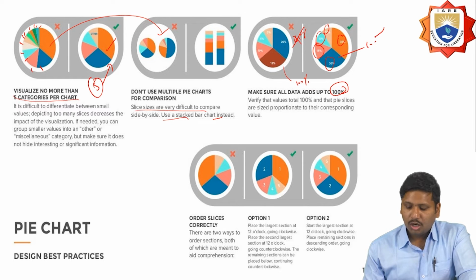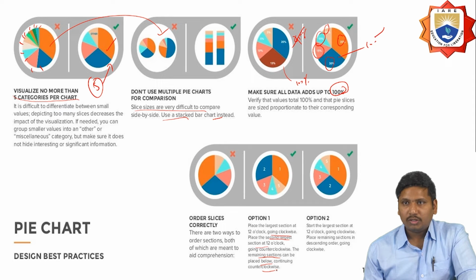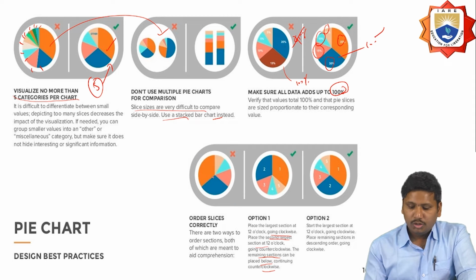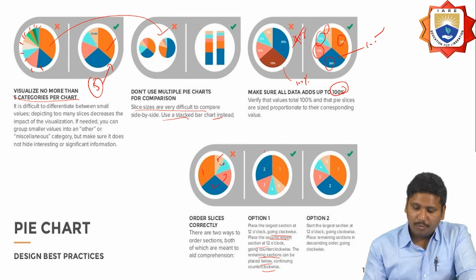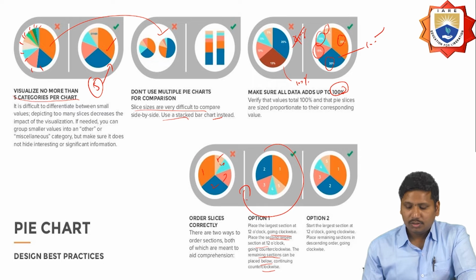Option 1: place the largest section at 12 o'clock and go clockwise, with the second largest section next, and the remaining sections continuing in the same direction. We should not go anti-clockwise; all the time we move in the clockwise direction only.